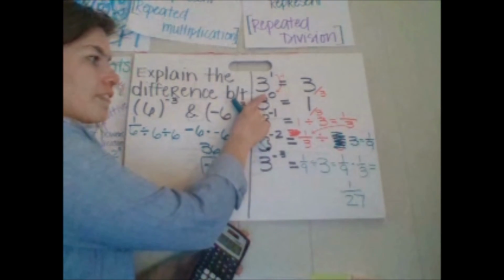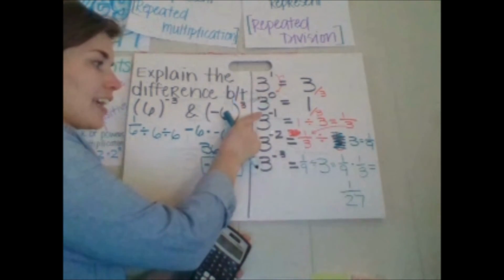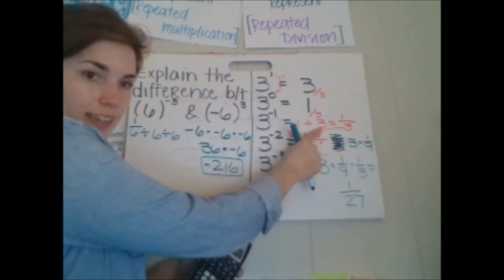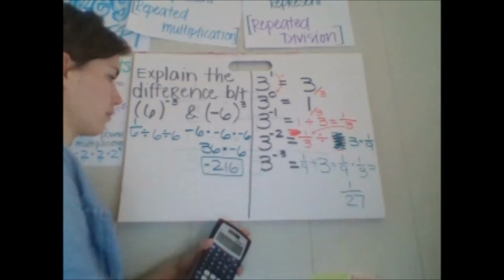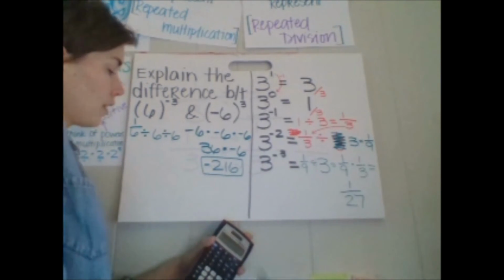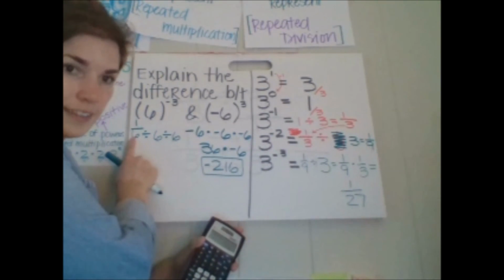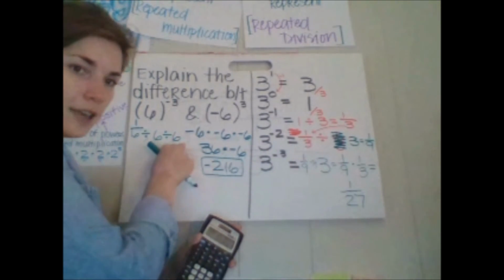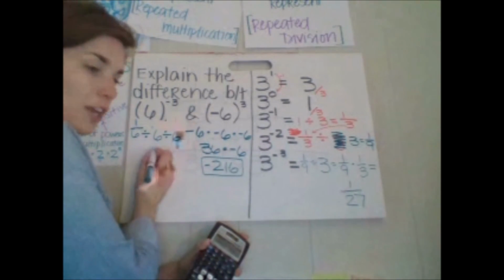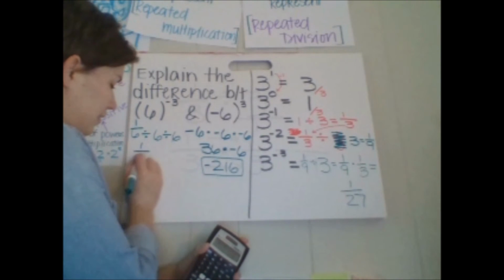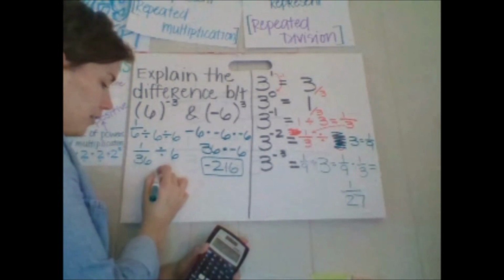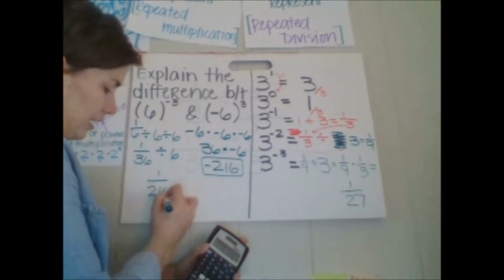To get from 6 to the 0 power to 6 to the negative first power, we have to divide 1 by 6. I forgot about that. It's easy to do, right? So we have to say 1 divided by 6, and then we're going to keep dividing by 6, okay? So 1 divided by 6 is 1/6, divided by 6 is 1 over 36. 1 over 36 divided by 6 is 1 over 216.